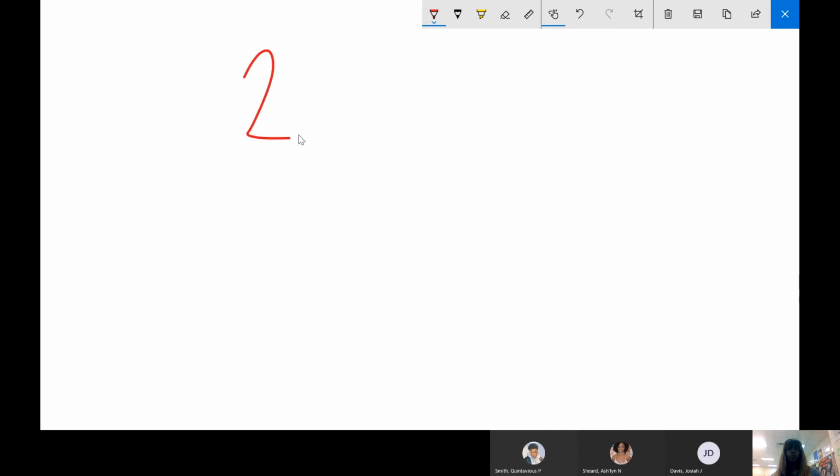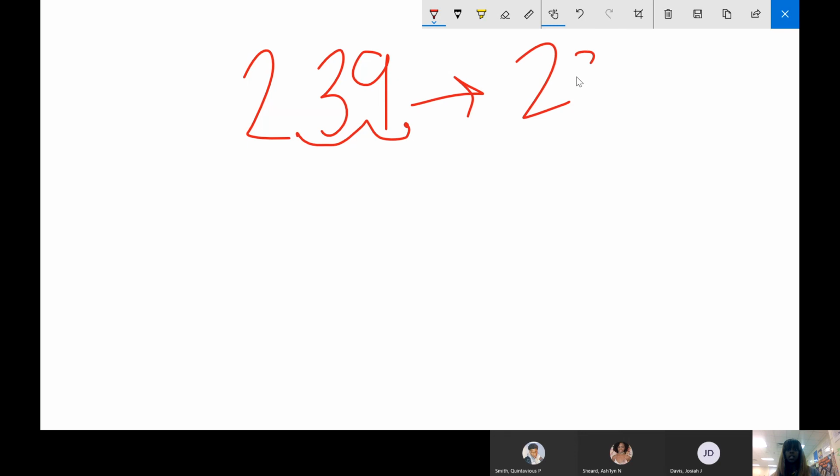All right, Josiah, we had 2 and 39/100. So we know we're moving that decimal to the right. We just need to move it to the right 2 times. 1, 2 times. That's it. And then guess what? You get 239. That decimal should have ended up behind the 9.